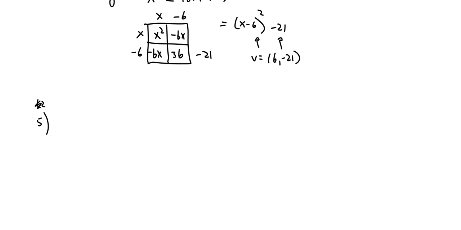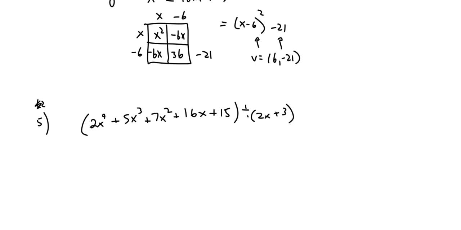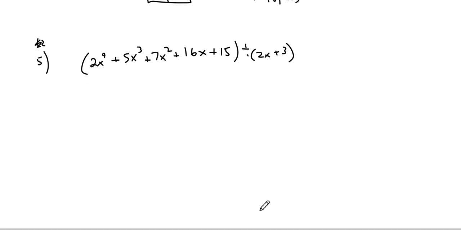So I'll give you an example: 2x to the fourth plus 5x cubed plus 7x squared plus 16x plus 15, divided by 2x plus 3. And if you're in grade 12 or you teach grade 12, you know that there are lots of ways to do this. We can do long division. There is also synthetic division.